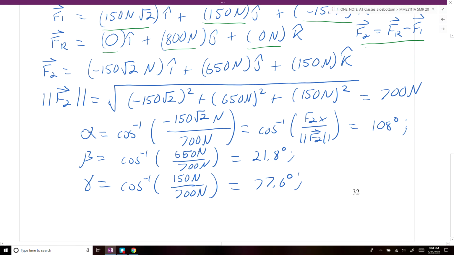Once we had the magnitude, we divided the x, y, and z components by that magnitude and took the inverse cosines of each of those values to get our alpha, beta, and gamma terms, or the angles between the x, y, and z axes respectively and our force 2 vector. That concludes this summary of how to subtract two Cartesian vectors and determine the magnitude and direction of the final vector that we solved for.